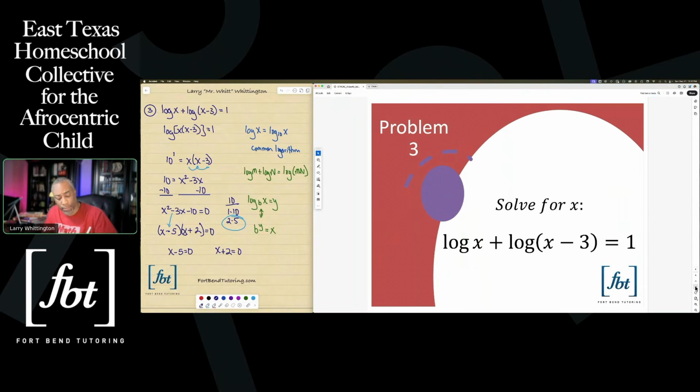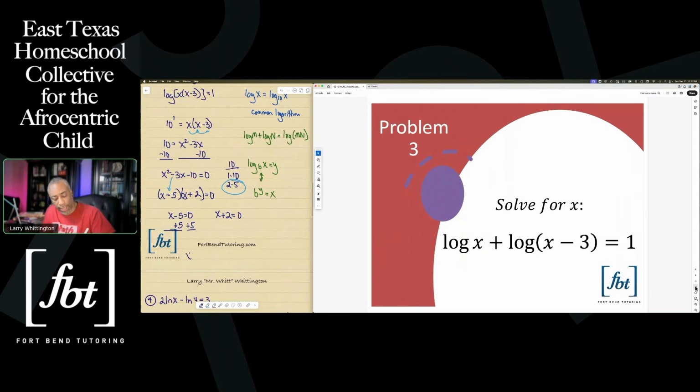We will be keeping in mind that you cannot take the logarithm of a negative value, or 0 for that matter. So that means that I'll end up with x being equal to 5, possibly. And in the second equation, after subtracting 2 from both sides, we'll be able to say that potentially x could also equal negative 2, right?